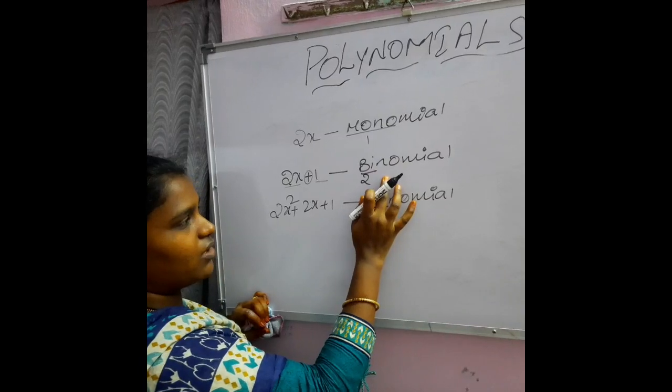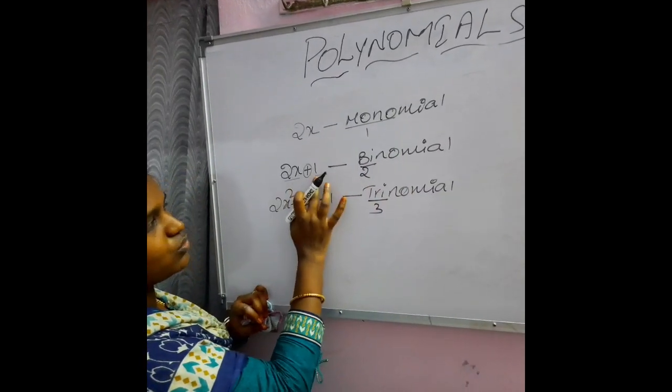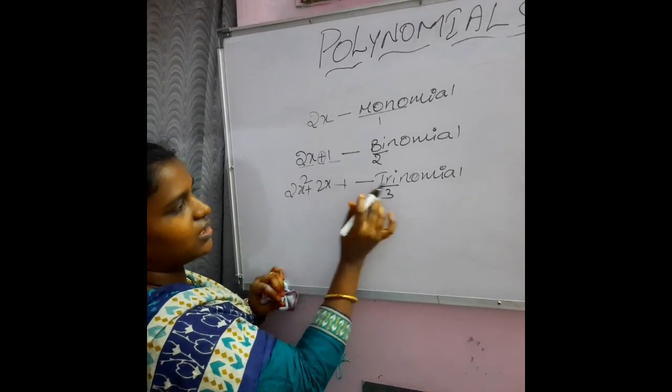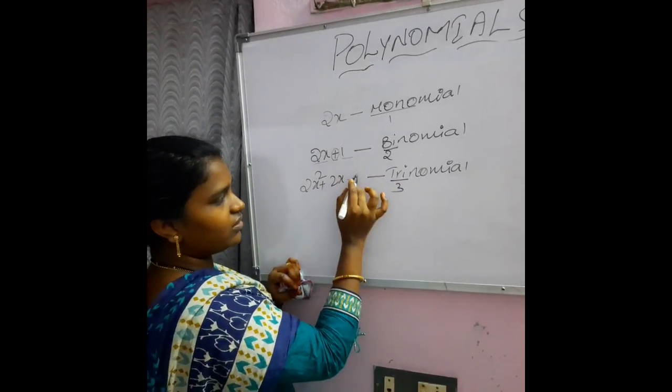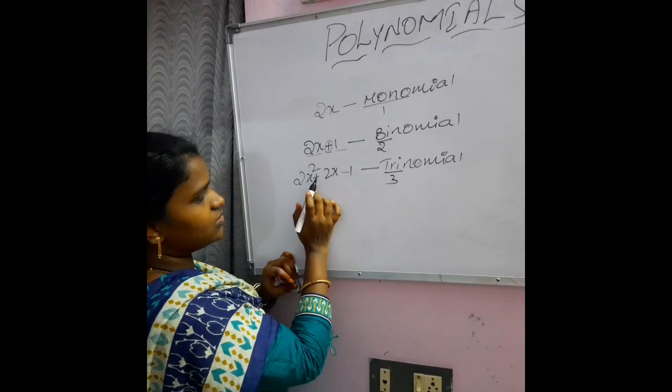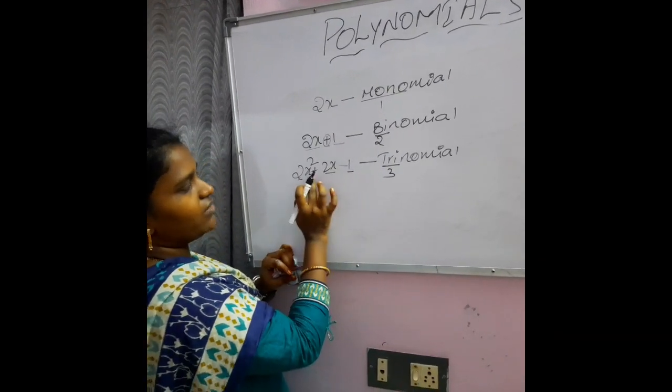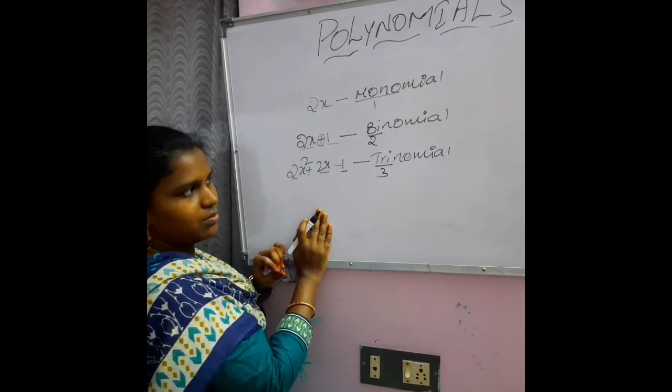Whereas in a binomial, bi is 2, we have two terms with the binary operation plus. In a trinomial, that is 3 terms, 2x square, 2x and 1, the 3 terms are with binary operations plus and minus.